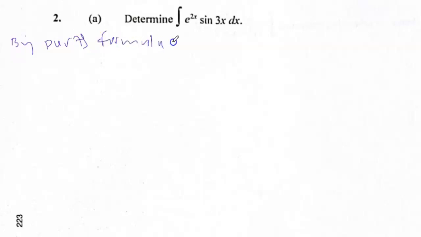We have two representations, but I'll be using the one that says the integral of v times u is equal to v times the integral of u, minus the integral of v prime, that's v differentiated, times the integral of u. Of course, this integral we repeat in the second part. That's the formula I'm using.